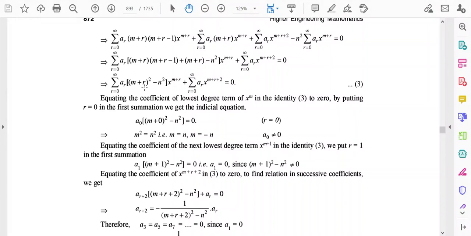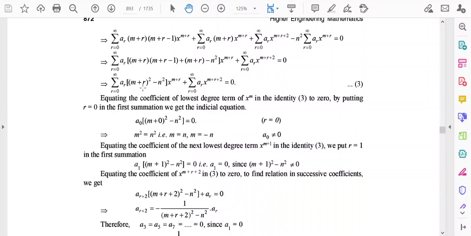Here also we have to put r equal to 0, but to get x to the power m only we will use the first term, because the second term has x to the power m plus r plus 2. So to calculate the coefficient of x to the power m, we put r equal to 0 in the first term only.